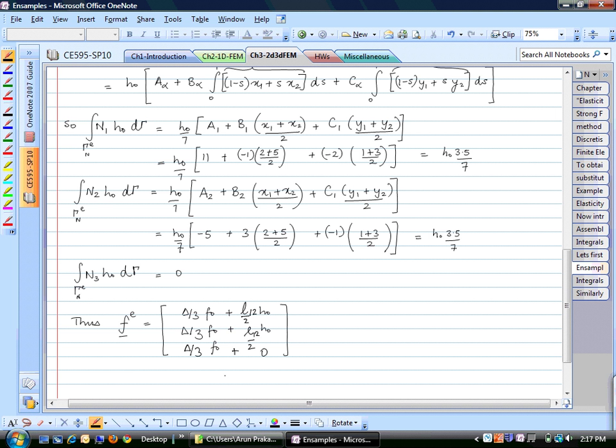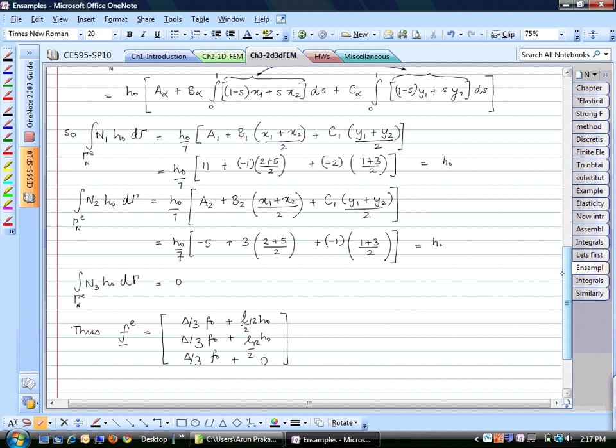So that's what we should get. So let me remove this. And this is basically how you would get the element force vector, and now you can go back and assemble this into your global force vector.